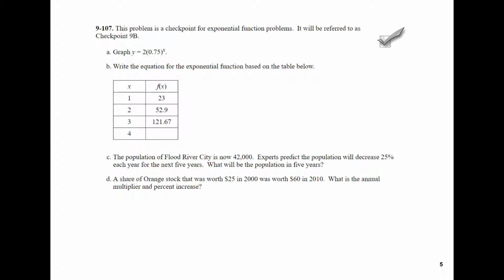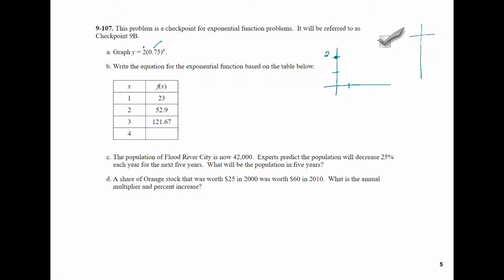If we are graphing this, our initial value is starting at 2. Our multiplier is 0.75. We know because this number is between 0 and 1 that our graph is decreasing.